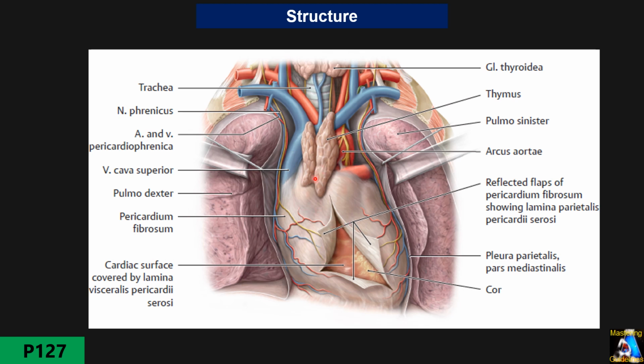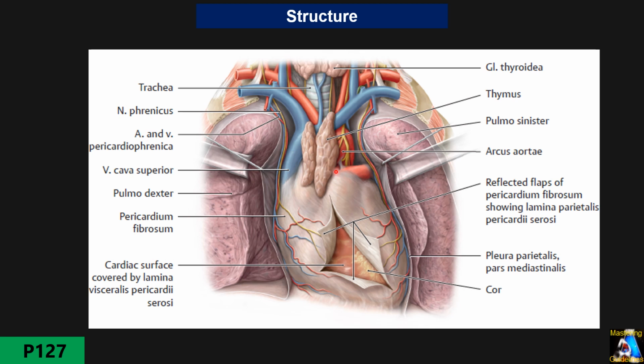There are some other structures close to the heart and relevant to it, because in some clinical situations they are affected. For example, here we have a phrenic nerve that passes along the lateral wall of the superior vena cava here. And in AFib ablation, sometimes it can damage the phrenic nerve and cause diaphragm paralysis.